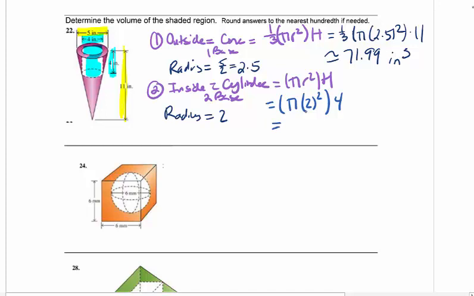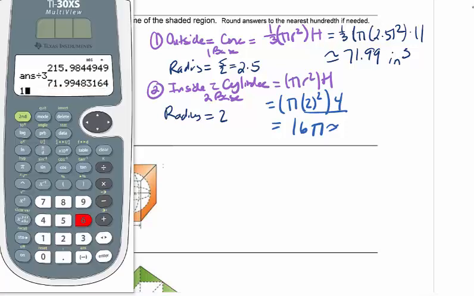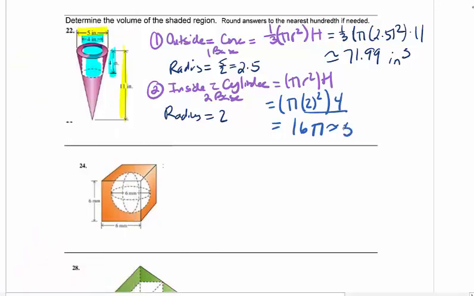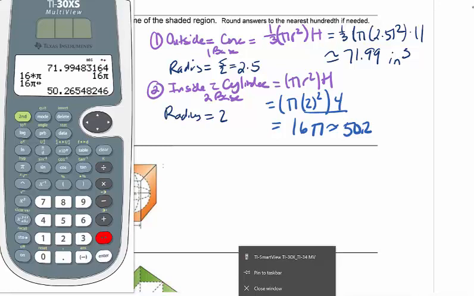I could do this multiplication without my calculator first: 2 squared is 4 times 4, which gives me 16 pi. Now I can plug it into my calculator. So I have 16 times pi, press equals. Remember to use that arrow key if you have this calculator. I should have 50 point, look at my rounding, 27.